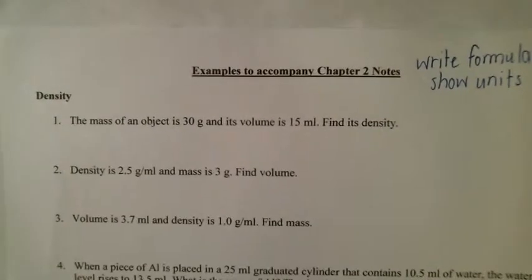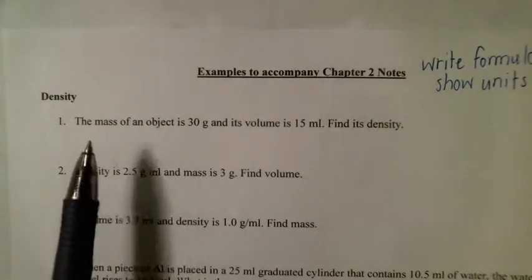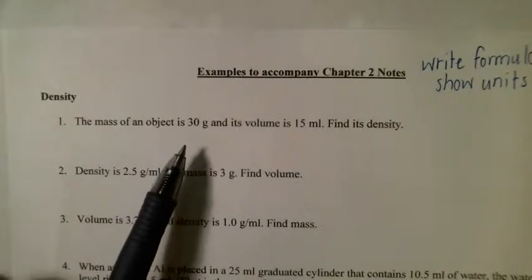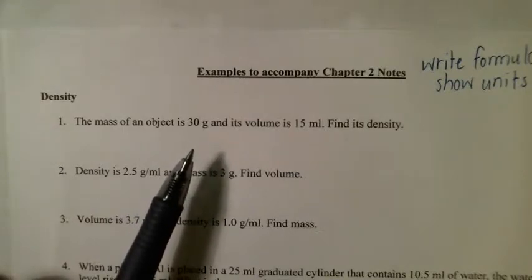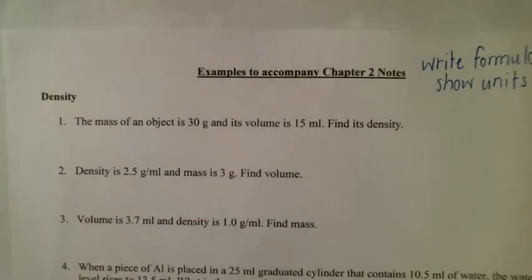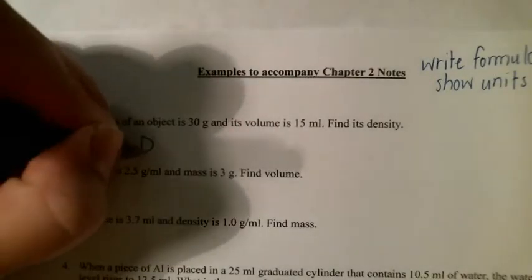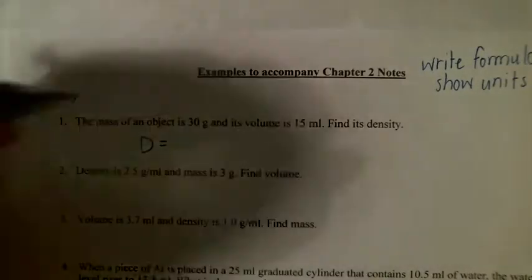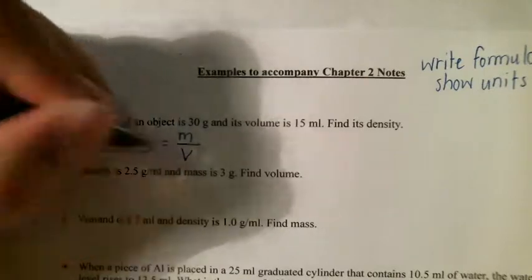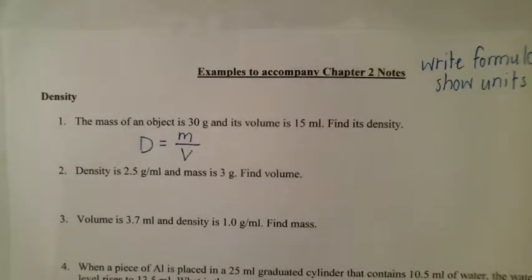Alright, let's look at number 1. It states the mass of an object is 30 grams and its volume is 15 milliliters. Find its density. Alright, so you guys should know at this point that the formula for density is mass over volume. Okay, I'm always going to write the formula, and so should you.